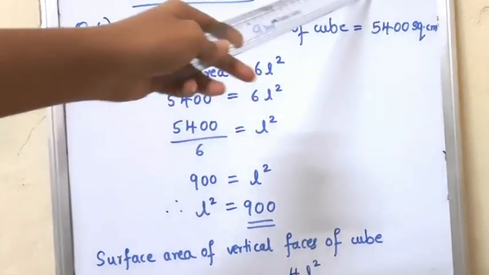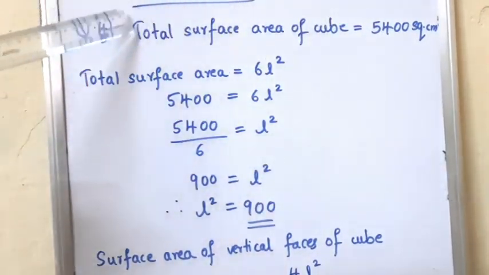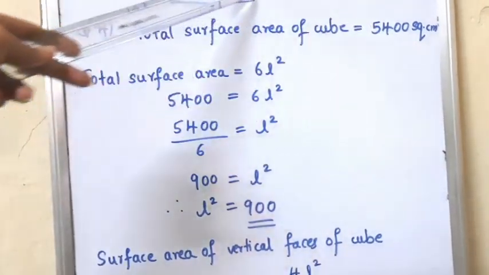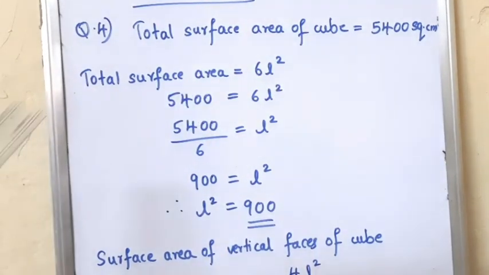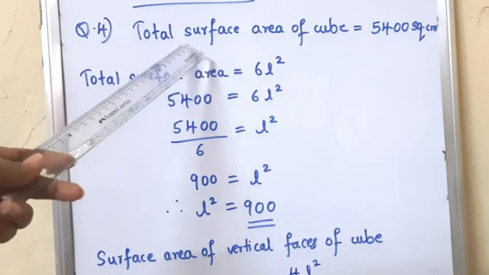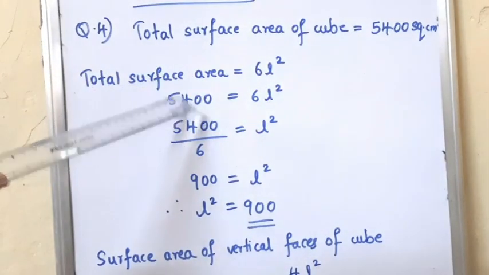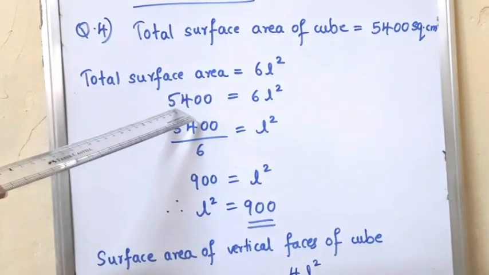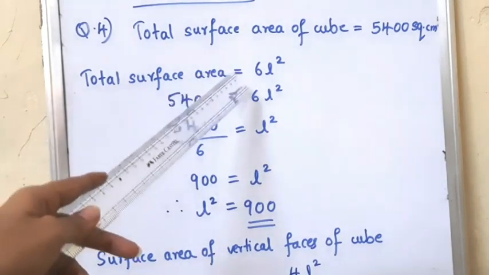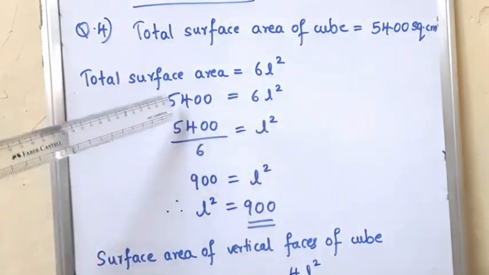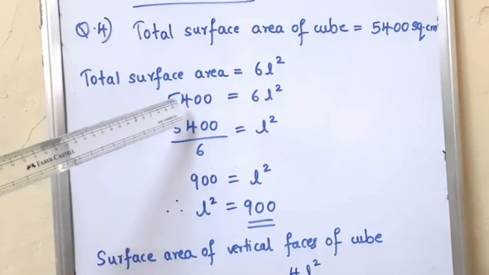First, we will write the formula of total surface area of cube, which is equal to 6L square. Now we know total surface area is already given as 5400, so instead of that we will write 5400 is equal to 6L square. Now here 6 is multiplied, it will go to this side and become divide.